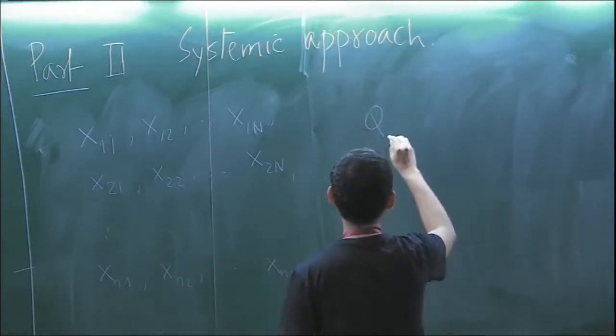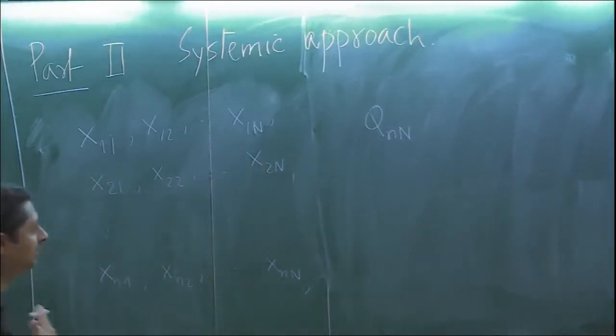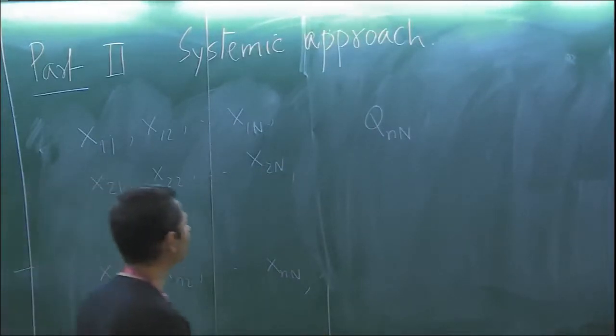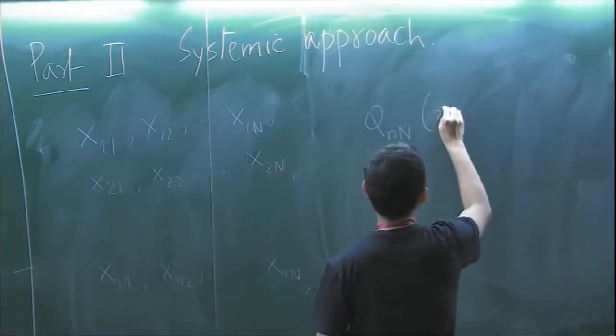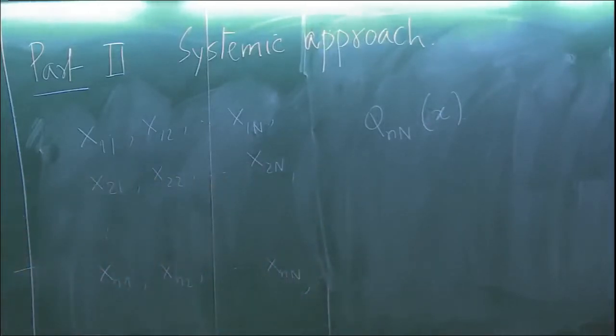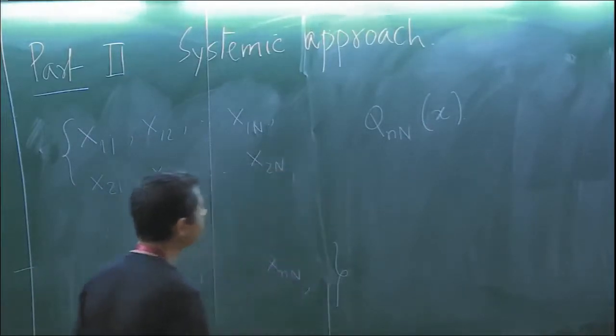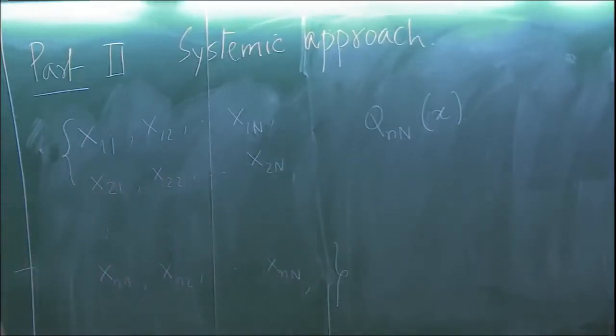Q of n times n, these are the total number of variables. This is the distribution that the maximum of this whole set is less than x. This is how we had defined it.